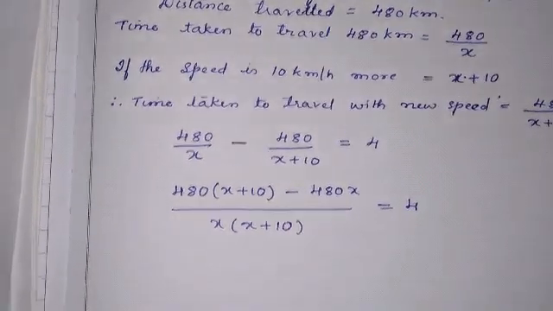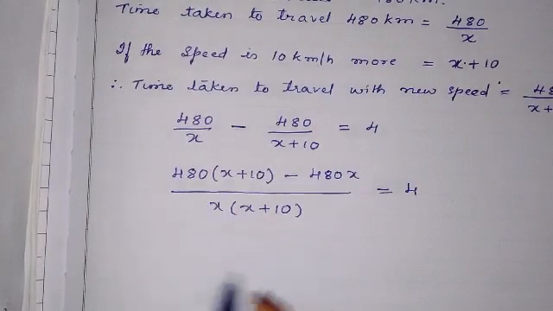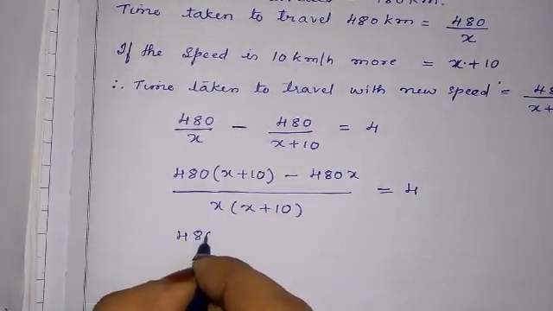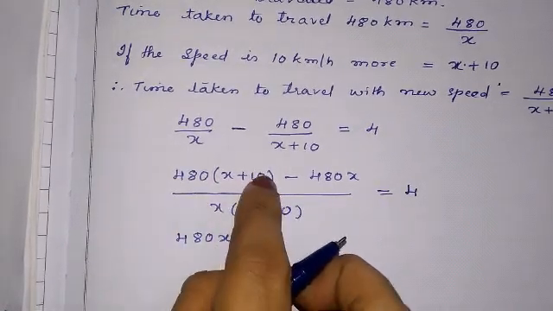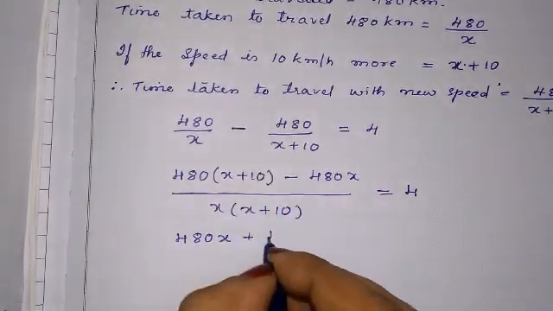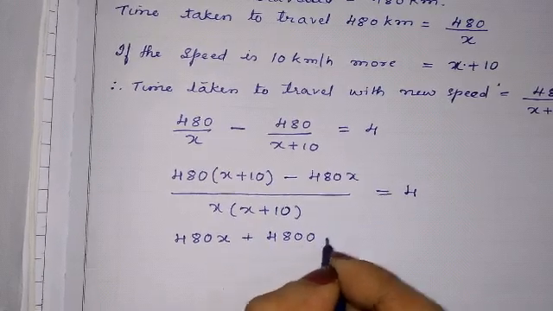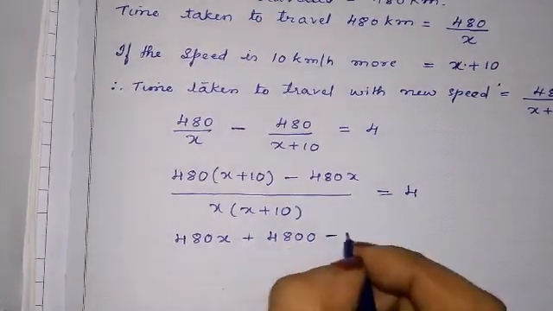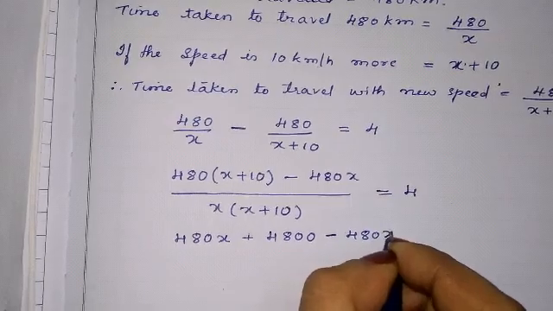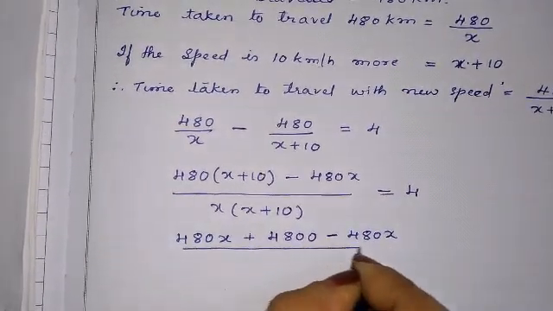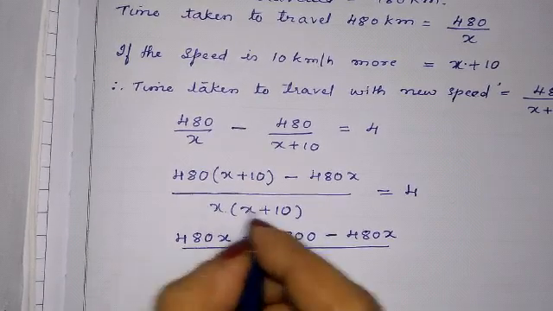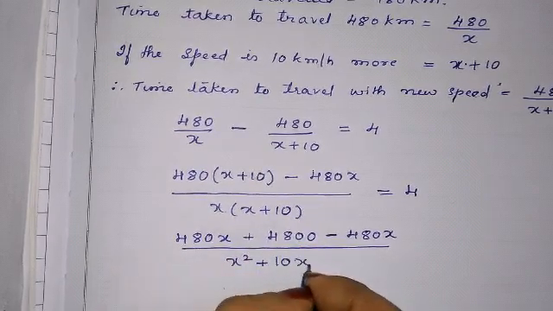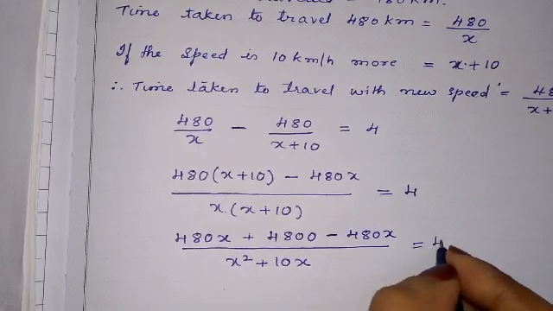Now let us solve. 480 into x is 480x, plus 480 into 10 is 4800, minus 480x, upon x square plus 10x. This side 4 as it is.